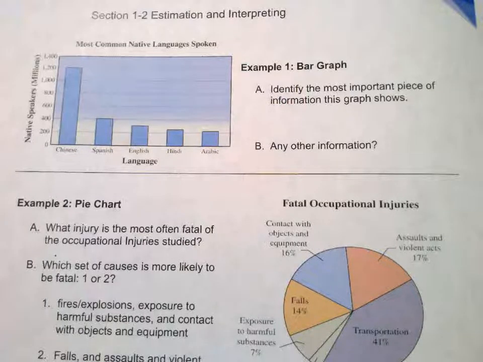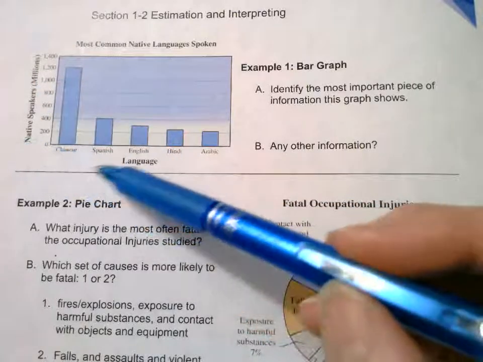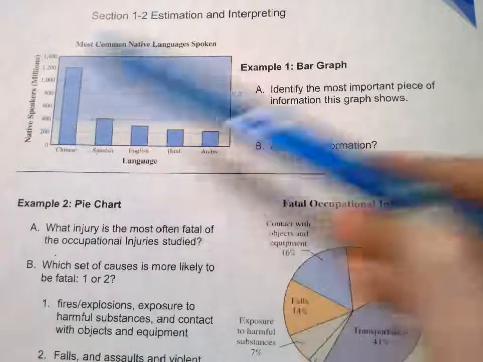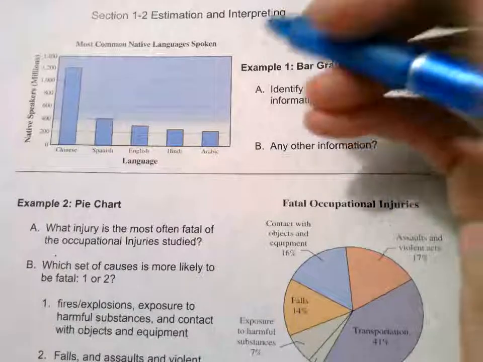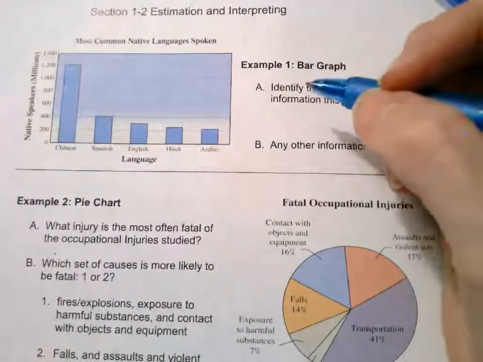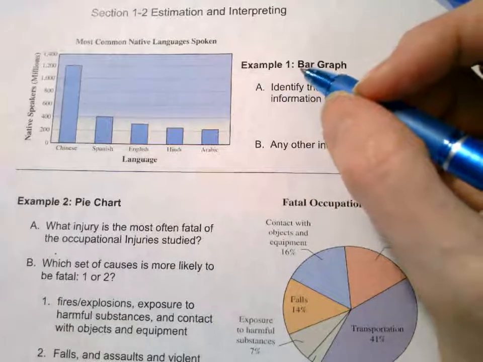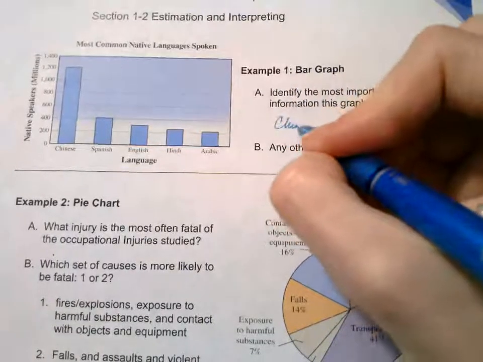Number of native speakers on the vertical axis. Language type here. So clearly the most important piece of information from this graph, I would say, is that the most common native language is Chinese.